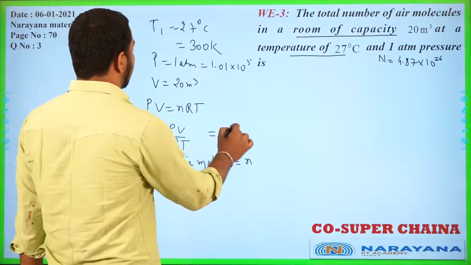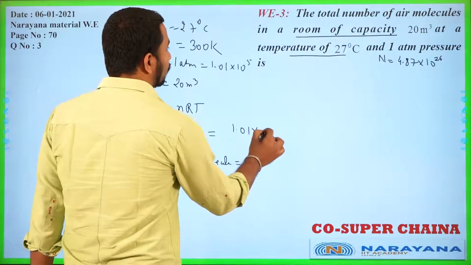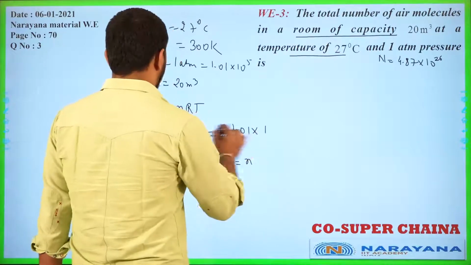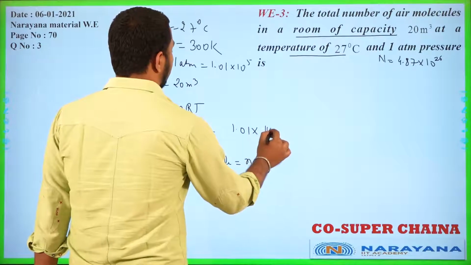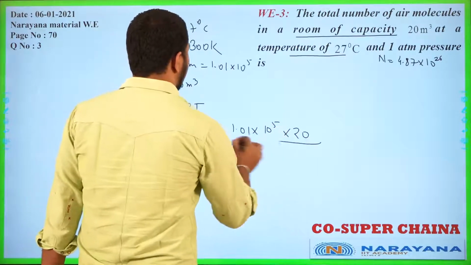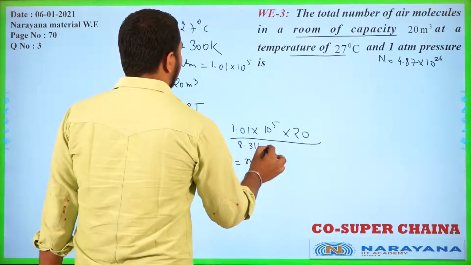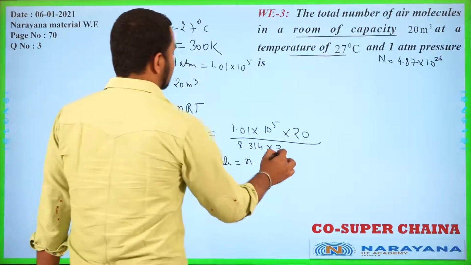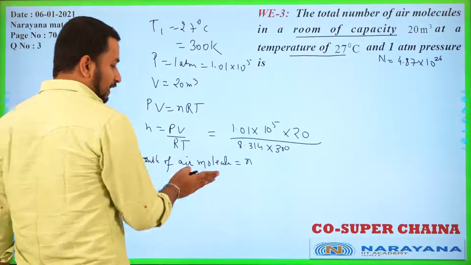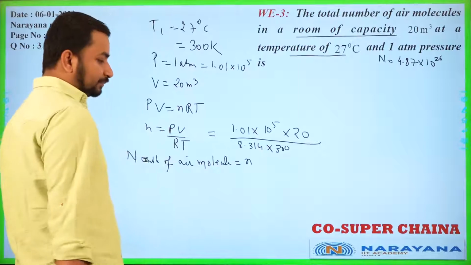So 1.01 into 10 to the power 5 into V volume 20 by R 8.314 into T is 300, right? If you substitute the value here, we'll get the value of n.